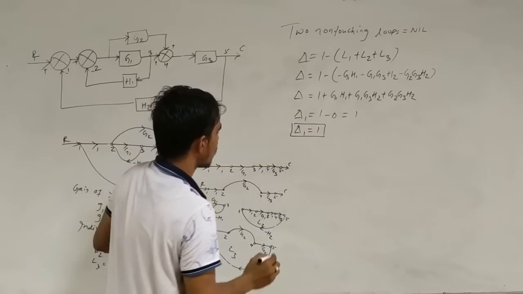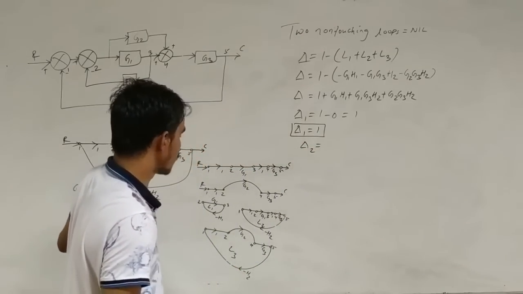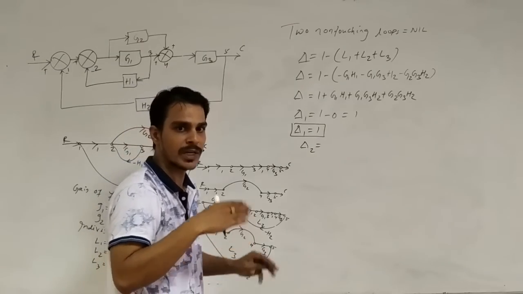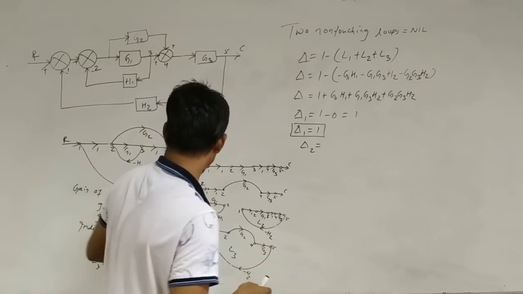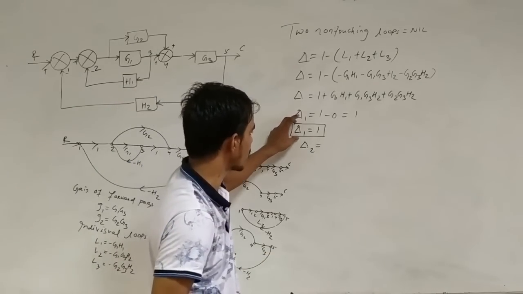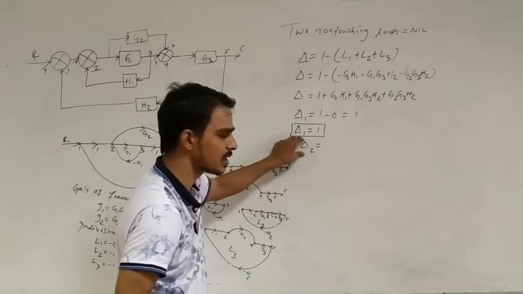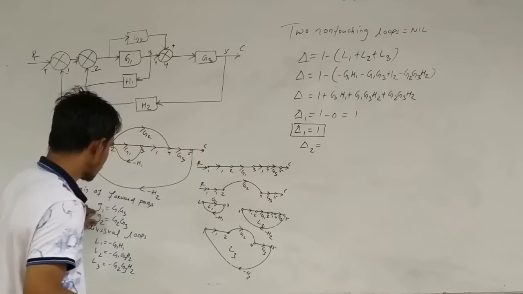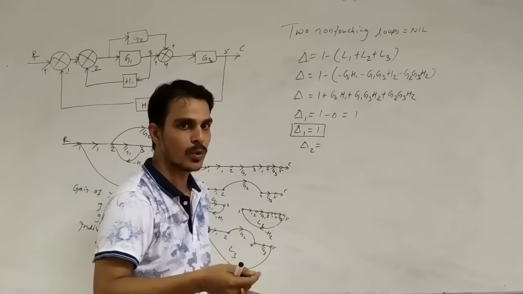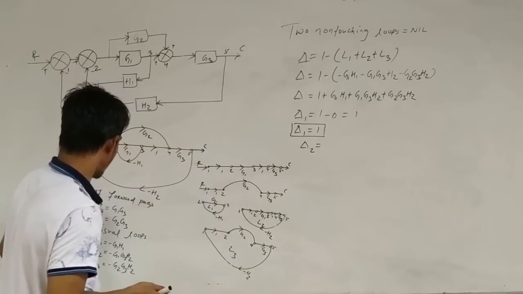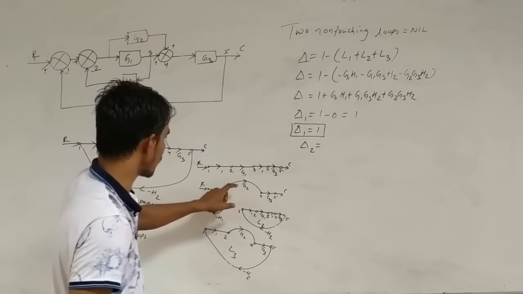Now we have to consider delta 2. Since here there are 2 forward paths, we have to find out delta 1 and delta 2. K is what? Number of forward paths. So 2 forward paths. So we have to consider delta K as delta 1 and delta 2. So while considering delta 2, we have to consider path G2, and we have to check if there is any loop which is not touching this forward path G2. Is there any loop which is not touching the forward path G2?